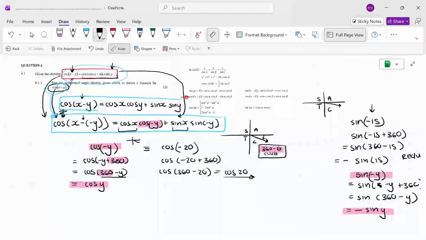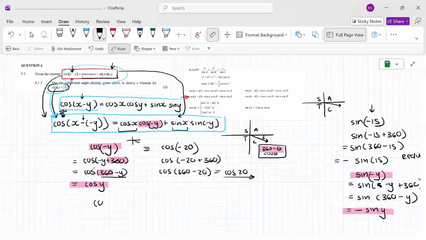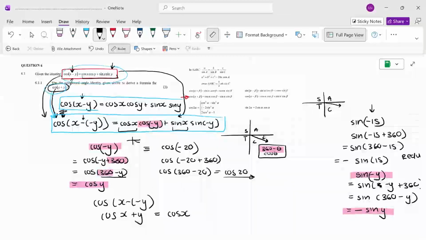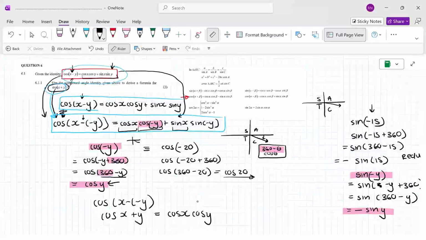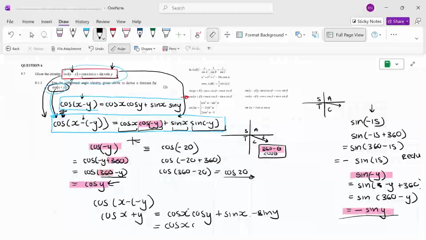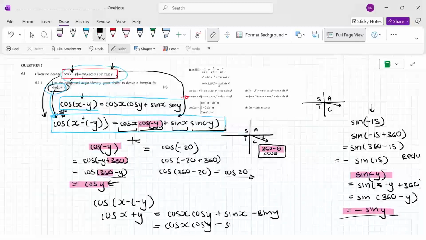So now we can write it as cos of x minus negative y, which is basically cos of x plus y, and that is going to be equal to cos of x, cos of negative y, we said it was cos of y, plus sine of x, and then sine of negative y we just found to be minus sine y, times minus sine y, which means that this is going to be equal to cos of x, cos of y minus sine of x, sine of y.